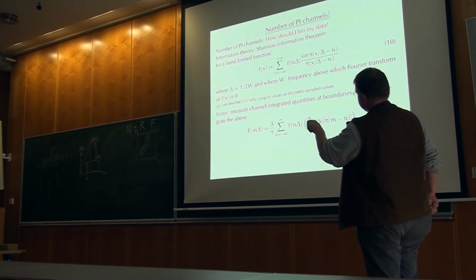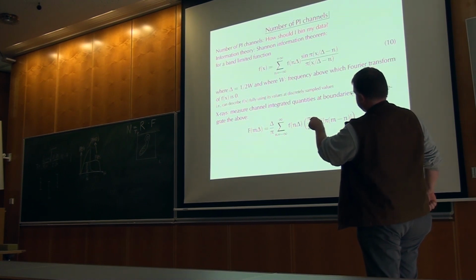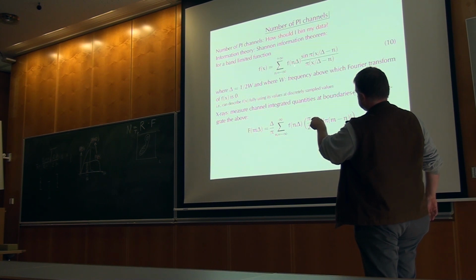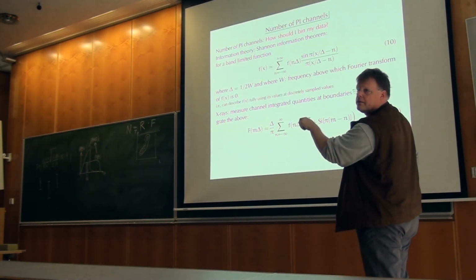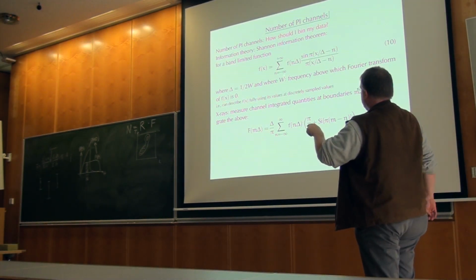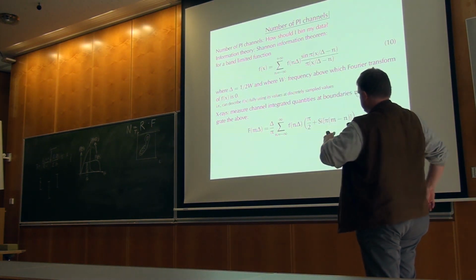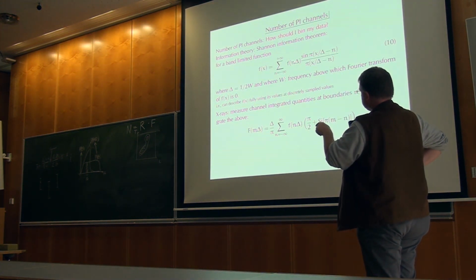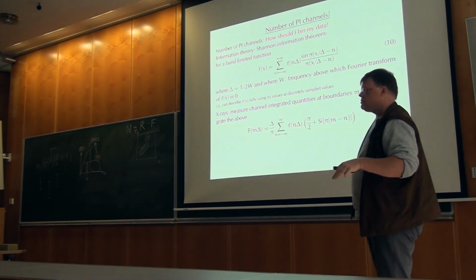The important thing about this sum is that you have to evaluate your function only at equidistant points in space in order to describe the full function. Okay? So using the information theorem, you can really easily derive what bins you should use and evaluate your function.